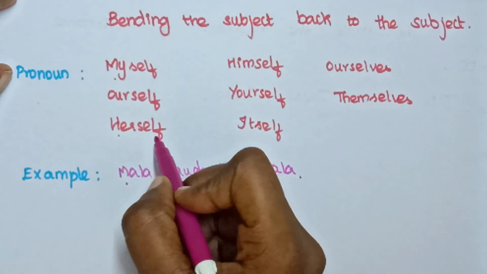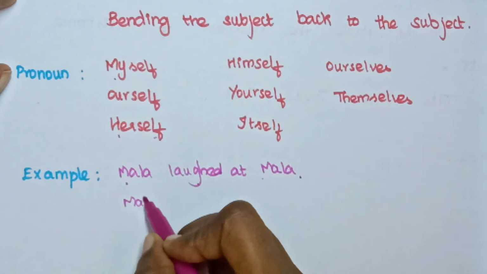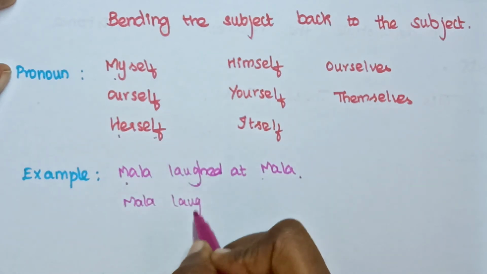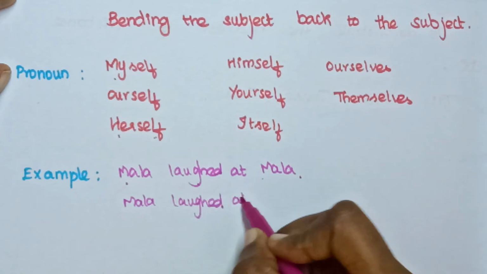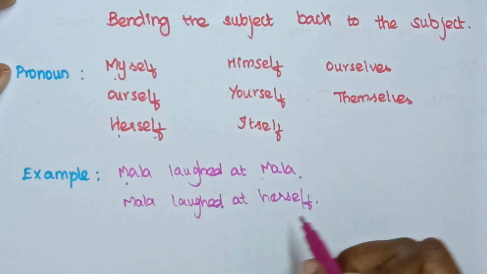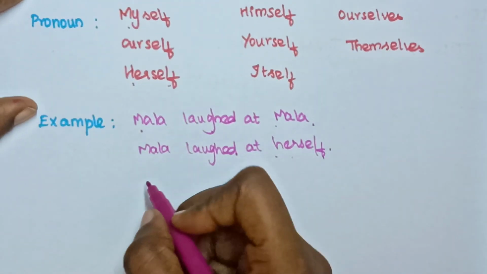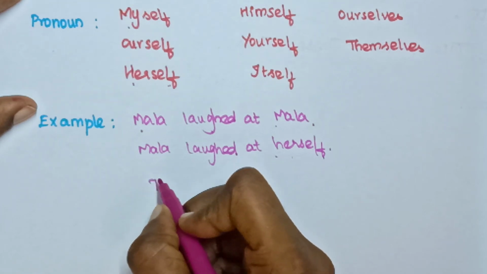See, herself. By using this pronoun, we can replace it. So what we can say? Mala laughed at herself. So what is the pronoun here? Reflexive pronoun. This herself is a reflexive pronoun.